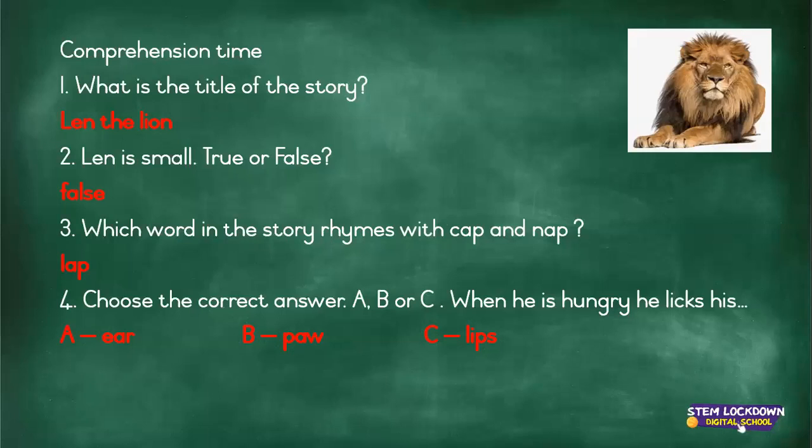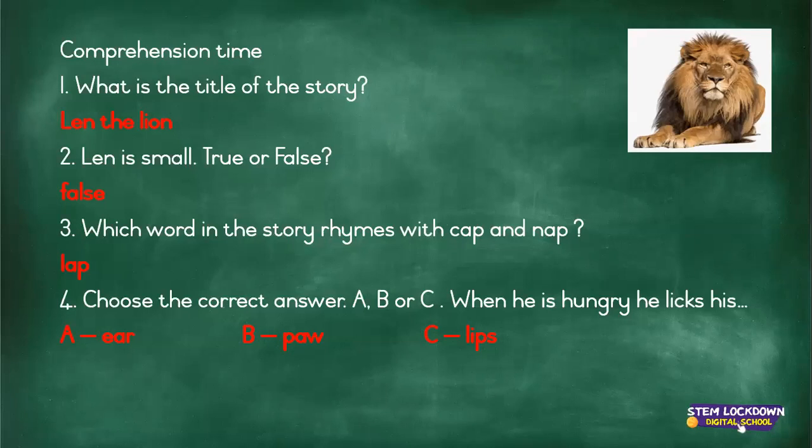So you must only say A, B, or C. If he licks his ear, then you must say A. If he licks his paw, you must say B. And if he licks his lips, you must say C. C. He licks his lips.